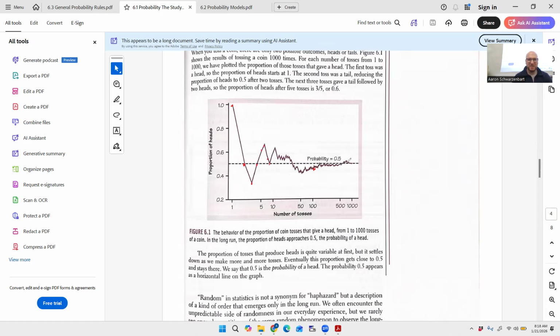Okay. And then it gets to 50%, and then it goes a little above. And that is randomness. 50% is the long, long, long term. If you're talking millions, we're going to get really close to 50%. But initially, you will get significant variation from that.